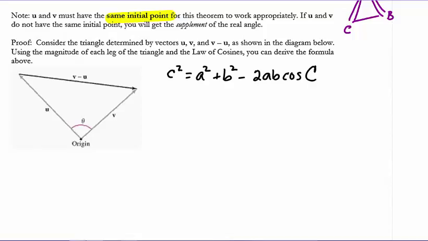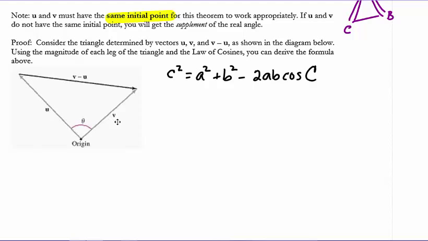All right, if I want to work with vectors, A, B, and C are the lengths of the sides. And if I look at the triangle given here, the length of this side is the magnitude of V. The length of this side is the magnitude of U, and the length of this side is the magnitude of V minus U. Remember that from before? When you have the third side of a triangle, it's actually the difference of the two vectors.